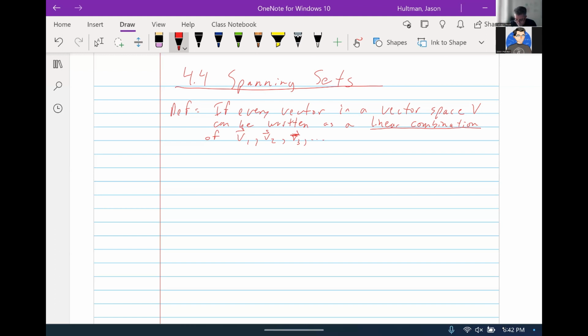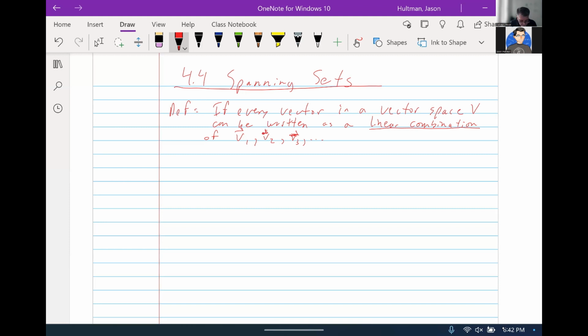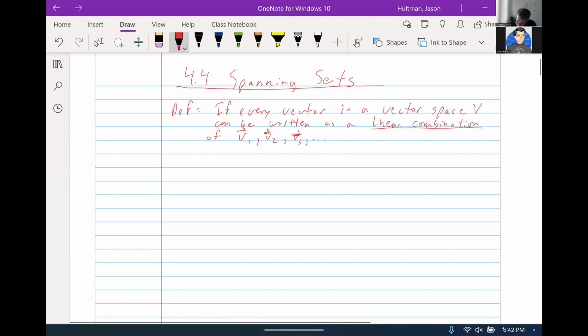Or if I need to denote it as a vector, I'll denote it with the vector above. But for this definition, I'll leave the vector symbols above the variables here, the notation. Okay, this goes to v sub k.